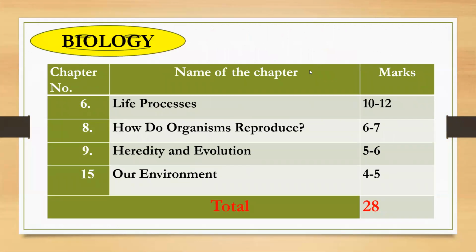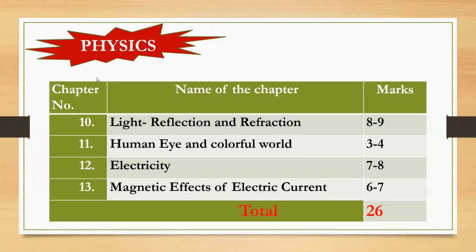Next one is biology. We have 4 chapters. Life processes, chapter 6, 10 to 12 marks maximum. The 8th chapter, 6 to 7 marks, 9th, 5 to 6 marks, 15th, 4 to 5 marks. Total 28 marks from biology. Next, physics. We have 4 chapters.